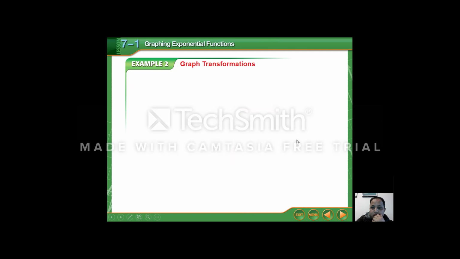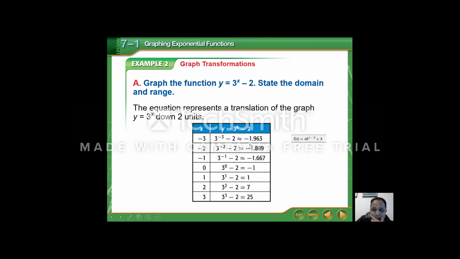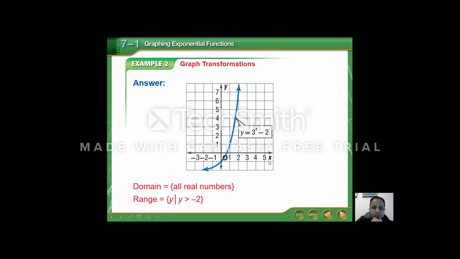When you hit -3, it's coming closer and closer to -2. If you take -4, still it will never cross -2. You can try with -4, -5 and see. So the domain would be all real numbers and the range would be y greater than or equal to -2. It will always be greater than -2.